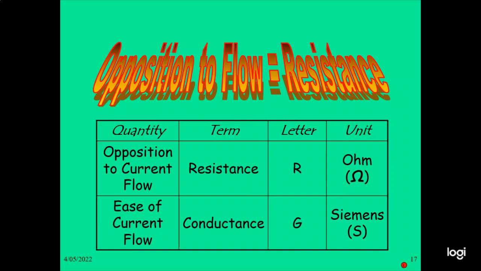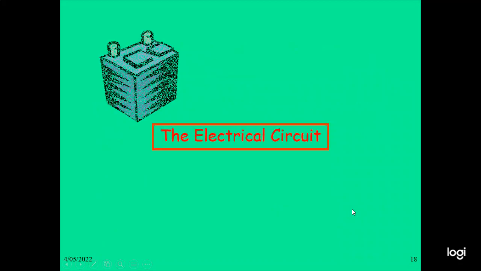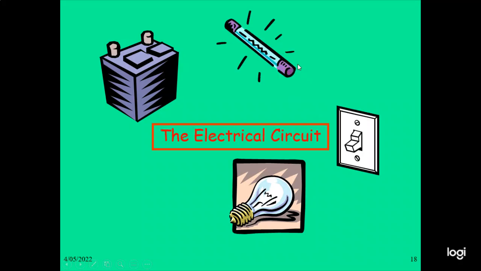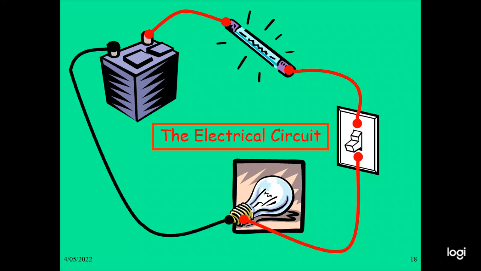Opposition to current flow is resistance, symbol R, and the unit is the ohm. Ease of current flow is conductance G, and the unit is the siemens. An electrical circuit includes a battery, the electrical load, a switch and the resistance. We join these things together, then we can form the electrical circuit.